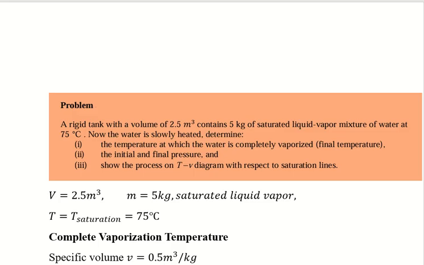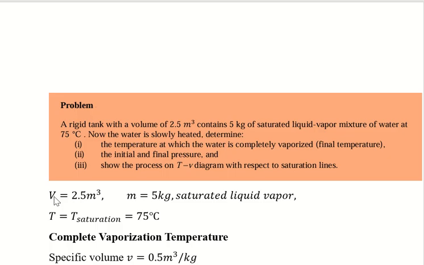We'll start by extracting the data given in the question. This volume they've given us is not the specific volume, but rather the total volume, because it's the volume of a rigid tank.